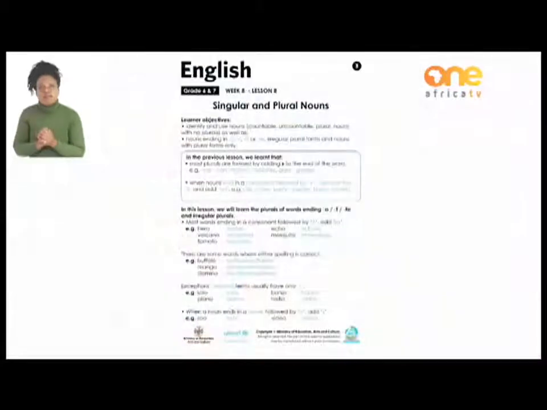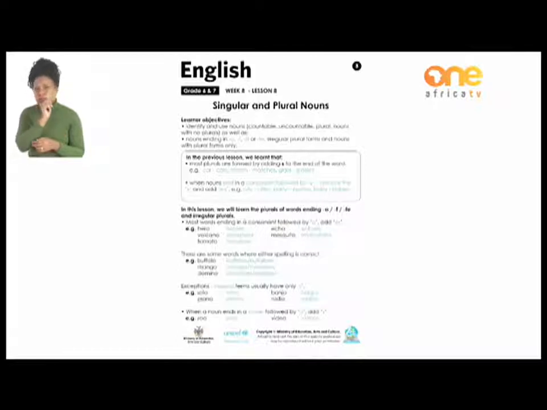Learners should be able to identify and use nouns, countable, uncountable, plural nouns, and nouns with no plurals, as well as nouns ending in O, F, FF, or FE, irregular nouns, and nouns with plural forms only.